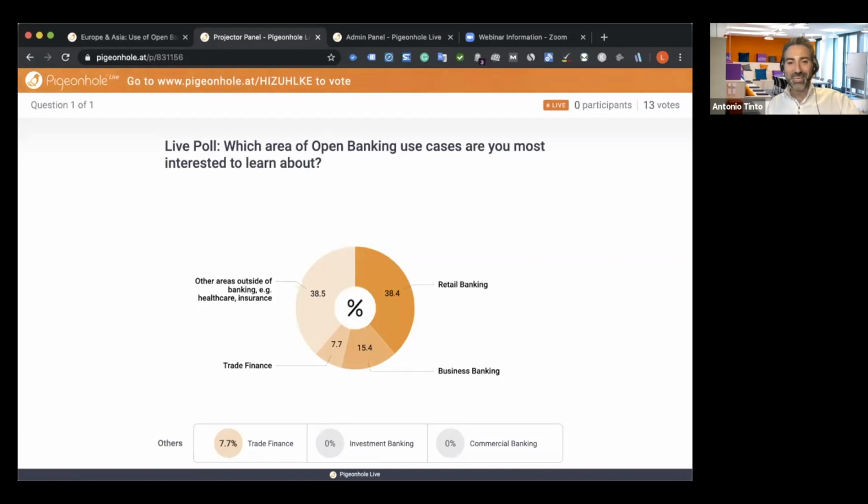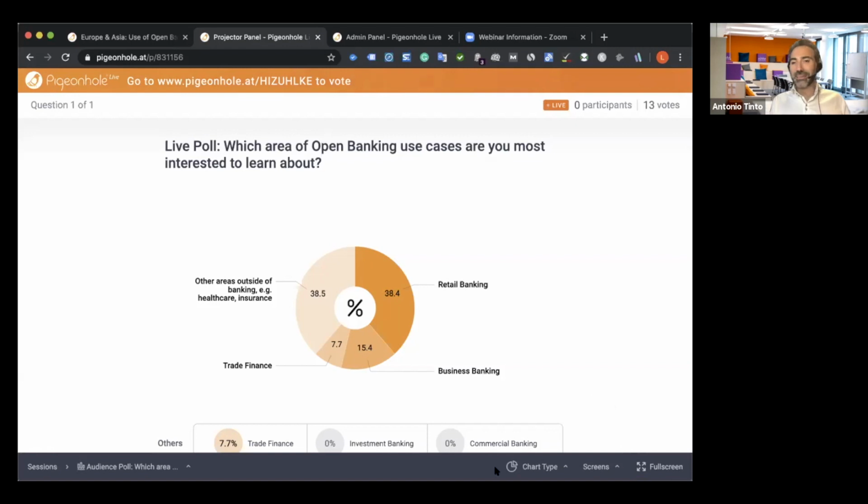What I'm seeing is that there are other use cases besides banking, like healthcare, insurance, and then there's retail banking and business banking. I'd like to have more, like what Wolfgang mentioned before, use cases outside of banking.